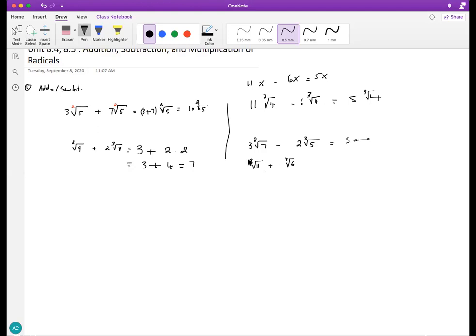These are different, so the index is different, the radical is different, okay? Can't add unless you add the decimals. Okay, so that's another example. So make sure when you add or subtract, you must have, again, the same number inside, same index outside, then add. If not, you can simplify first.